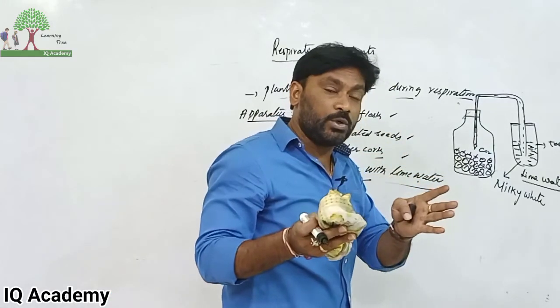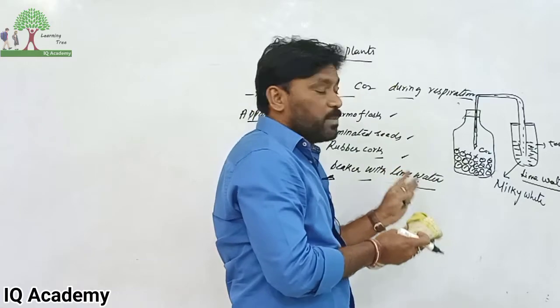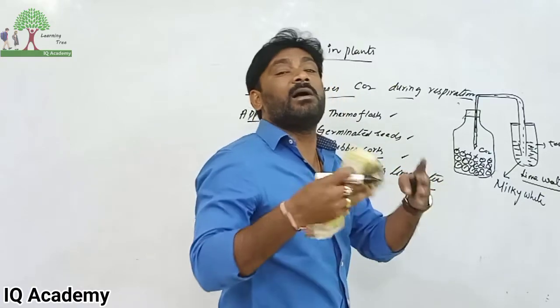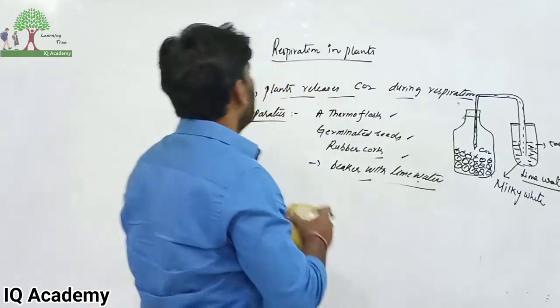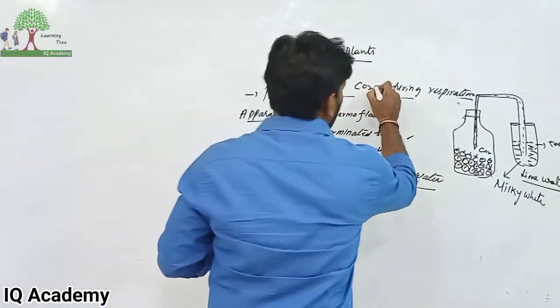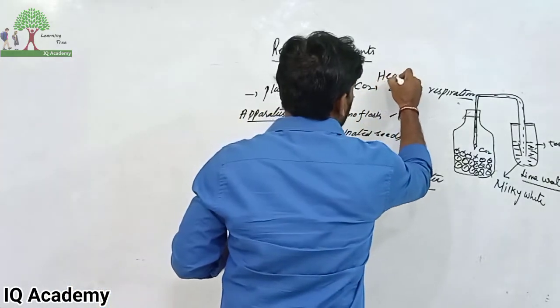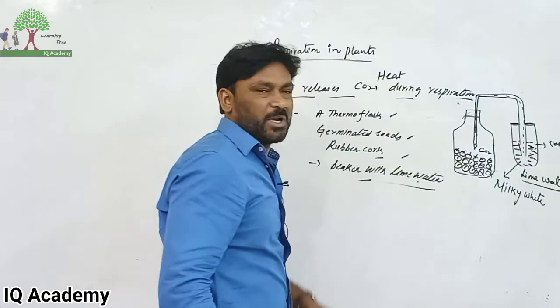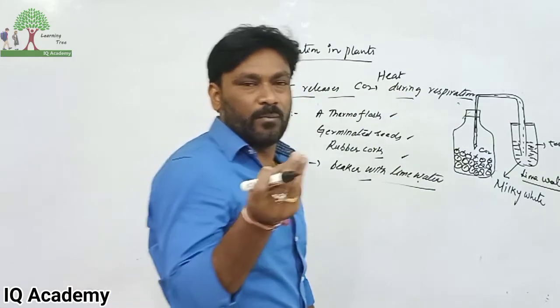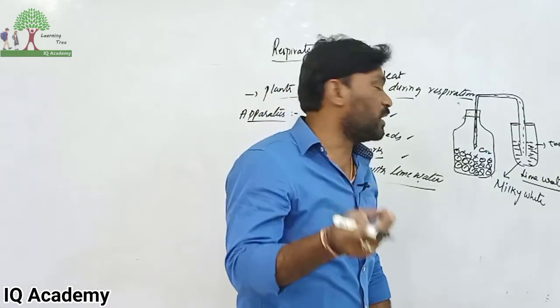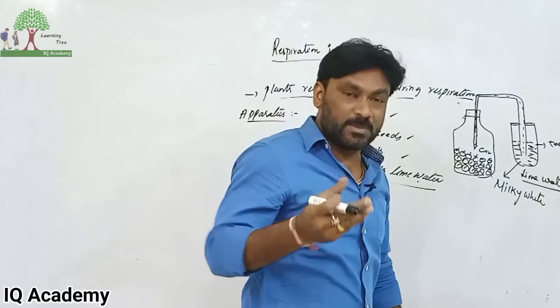Now we can do the same experiment, and we can prove the other experiment also, that plants release carbon dioxide as well as heat. Heat is released during respiration. Combustion we'll discuss afterwards.